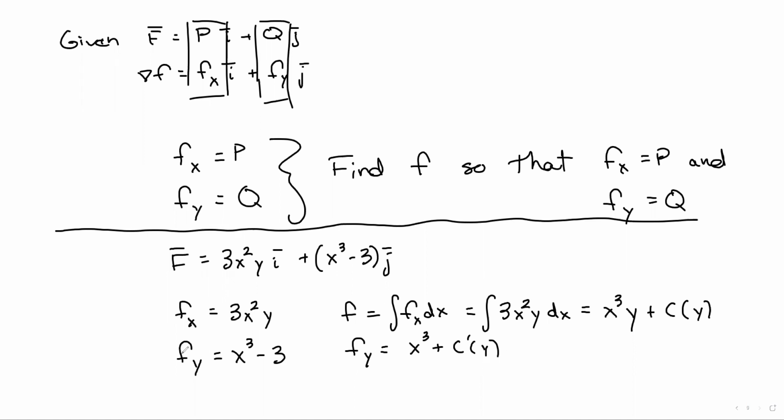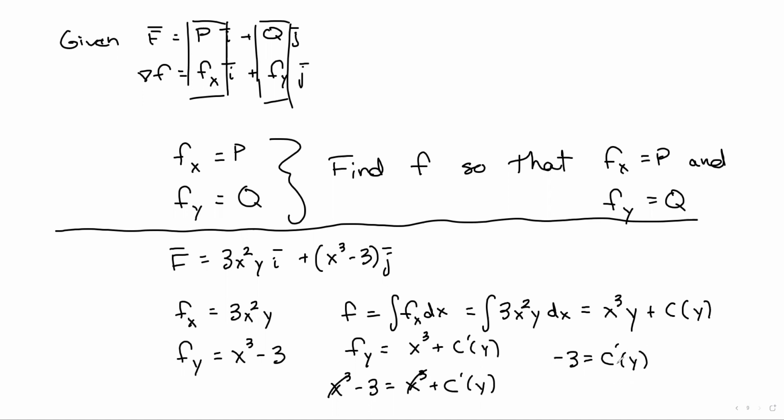Well, look here, we've got another definition for the partial of f with respect to y. So what you can do is combine those by setting them equal, and something cool happens: the x cubes cancel, and we get that -3 equals c prime of y.